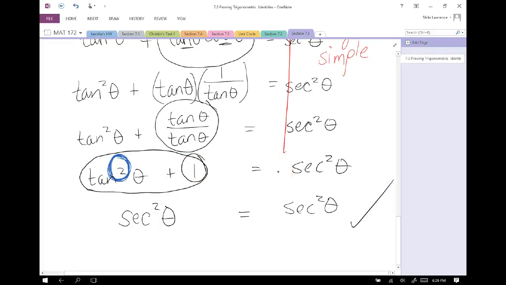But technically, with identities, you're not stopping at a true statement, you're stopping when both sides match. So you need to go one step further. The left-hand side is its own separate problem. At this point, right here, the left-hand side and the right-hand side do not say the exact same thing. So we need to go one step further and say tan squared plus 1 equals secant squared. Now the left and the right say the exact same thing, and we have proven the identity.